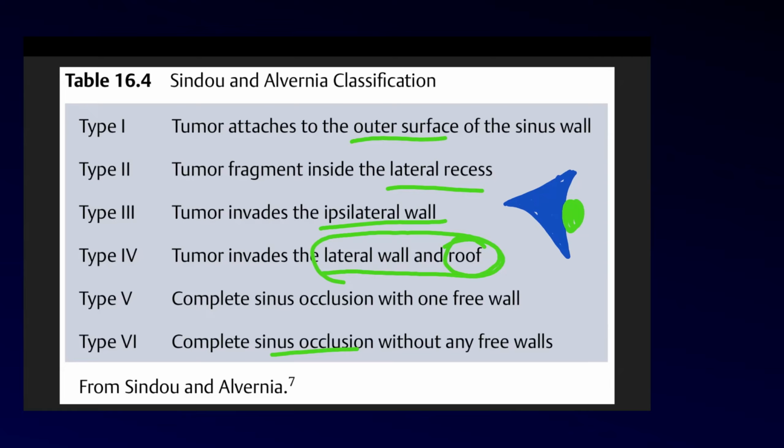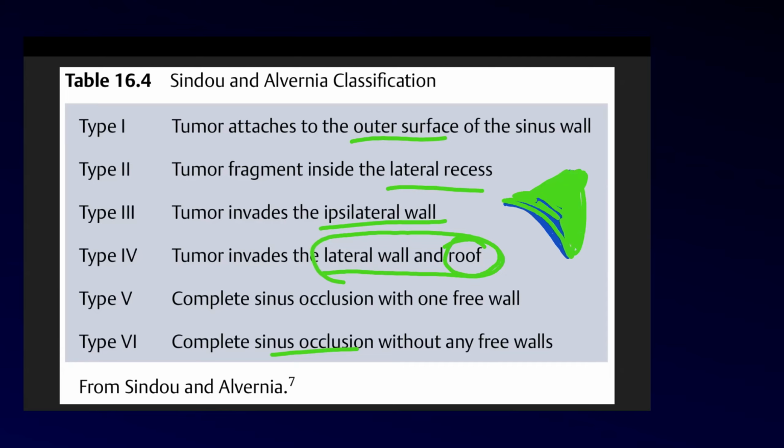Whereas in type 2, the fragment is going to get inside the lateral recess. This is type 2. Type 3 would be when this entire wall is involved. Type 4 is when the wall is involved along with the roof. So if you see the involvement of the roof, then what grade is this? This is type 4. Type 5 is when the complete sinus is occluded except this contralateral wall.